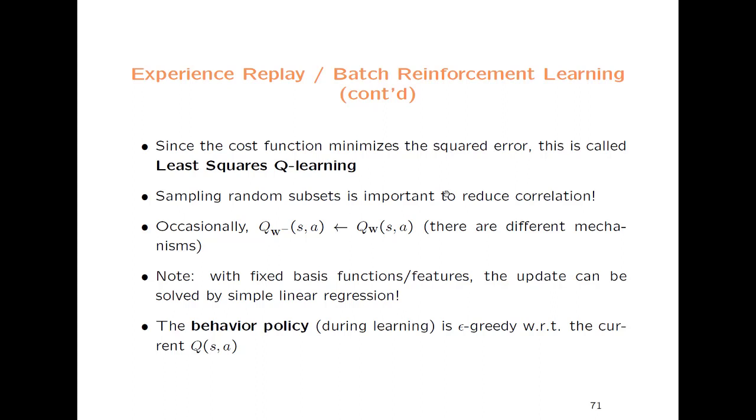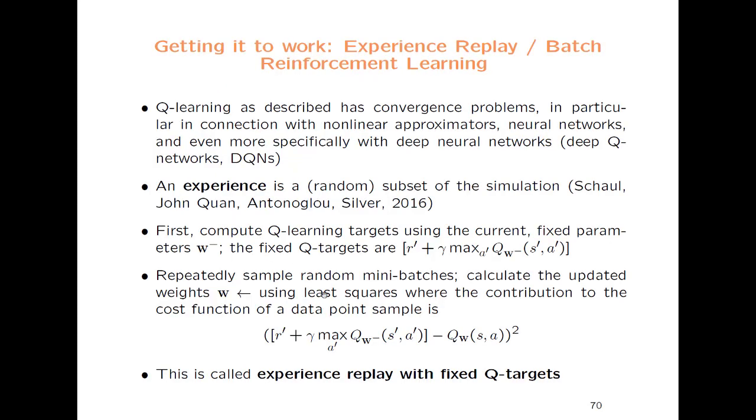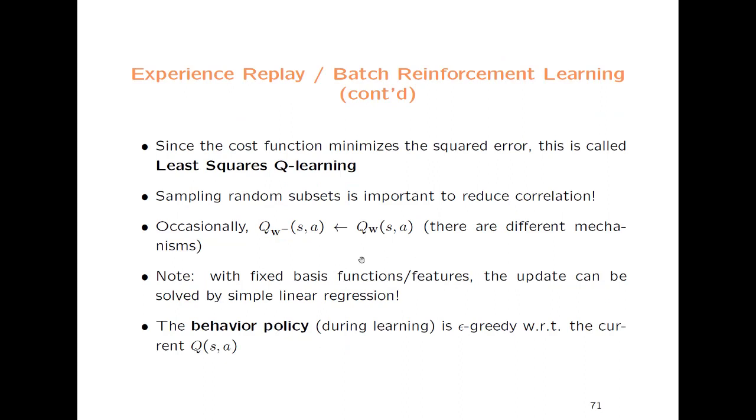And then, of course, occasionally you're doing an update on the Q function, and then the targets are defined by the updated Q function. And note that this is a least squares problem, so if this is a sum of basis functions, then we know that we can get explicit solutions for the weights on the basis functions. So this, of course, is also nice.